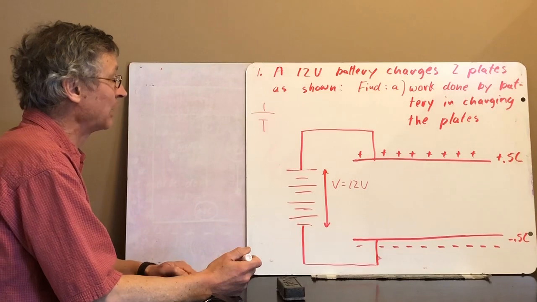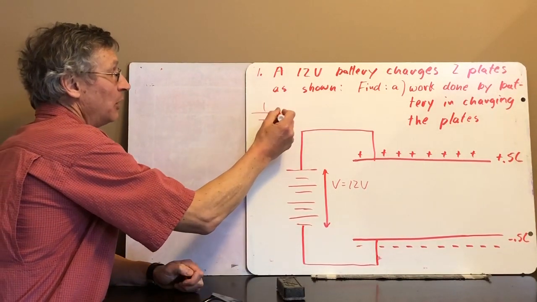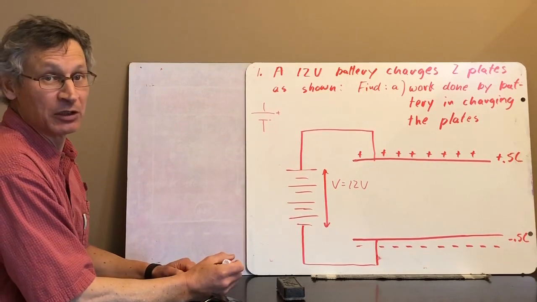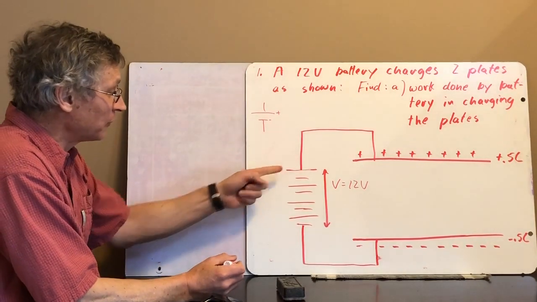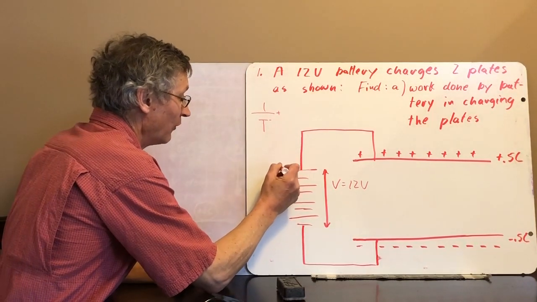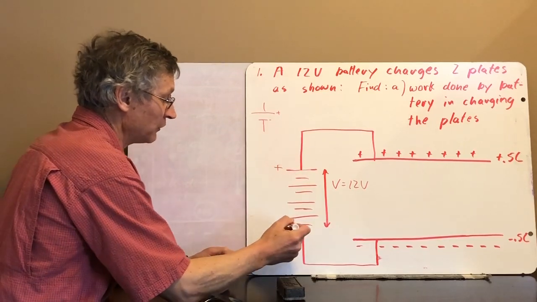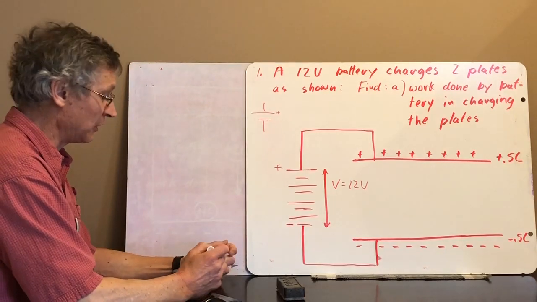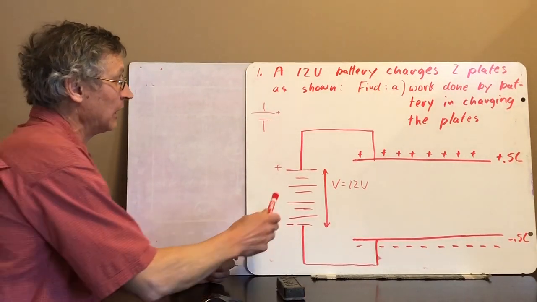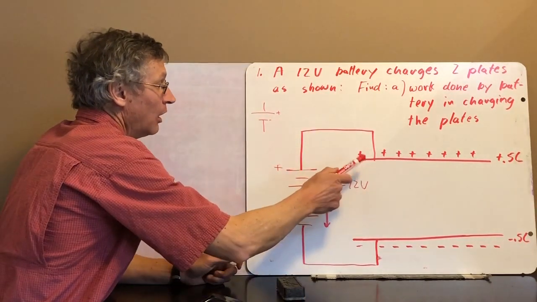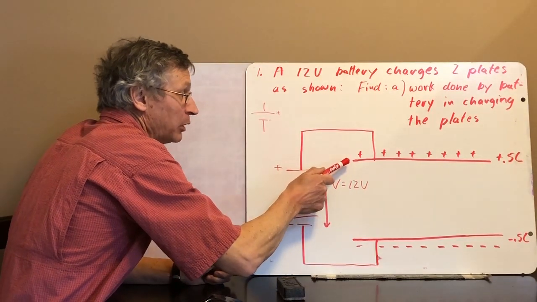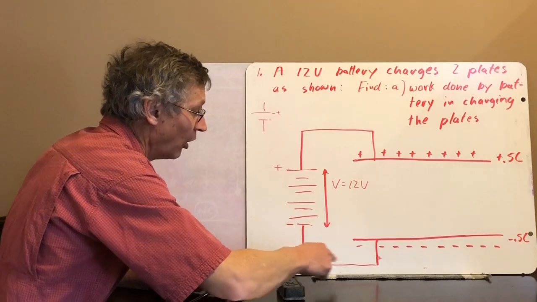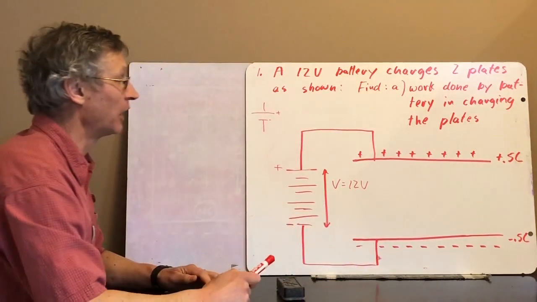And usually in an electrochemical cell, the big side is the positive side and the little side is the negative side. So same deal here. We know that this is the positive terminal of our battery, and this is the negative terminal of our battery. And you can see that our battery is connected to a plate on this side, and it's connected to a plate on the other side.